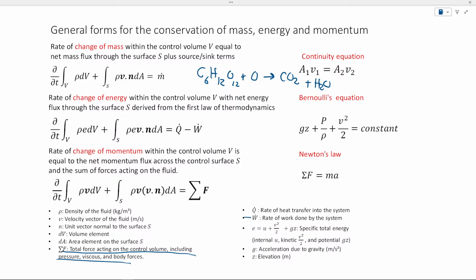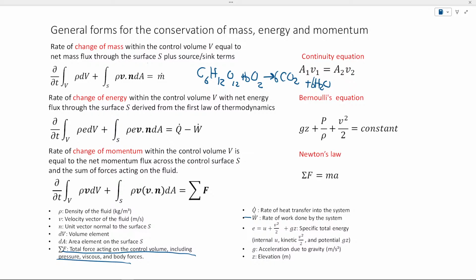So that's conservation of mass. If I have 6 carbon here, then I need another 6 carbon here. I have 12 oxygen here, so I put 6 water here and 6 oxygen here. Now something like this, then I have conservation of mass.